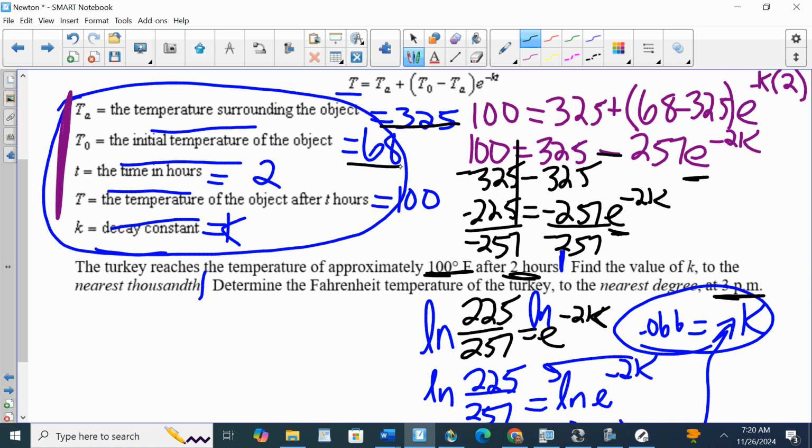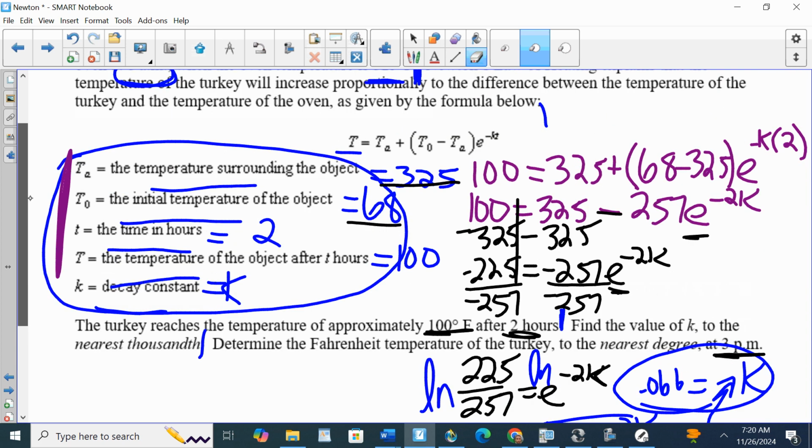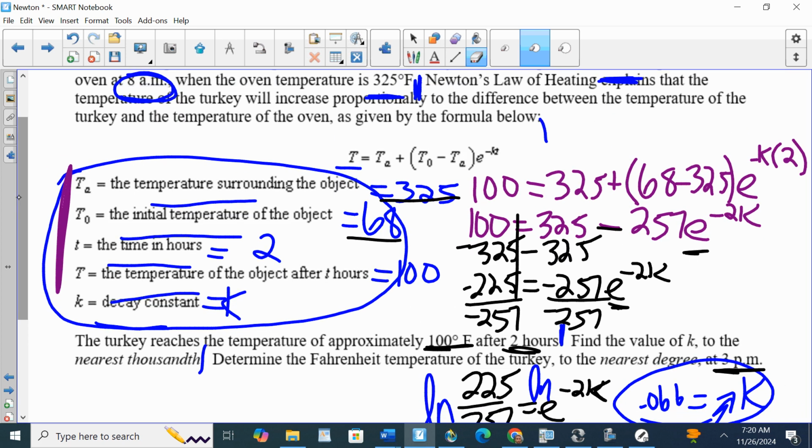The initial temperature of the object is still 68. The time in hours is not 2. At 3 p.m., well, I started at 8 a.m. I went from 8 a.m. to 3 p.m. How many hours is it in the oven for? Well, that's 7. So now t is 7.